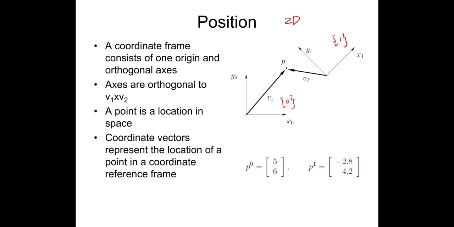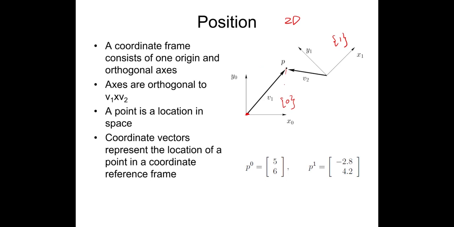A coordinate frame consists of one origin, which is right here, and since this is 2D, an x and y axis. If we consider a point P in space, and P is in coordinate frame 0, then its position is this x and this y: px in frame 0 and py in frame 0.